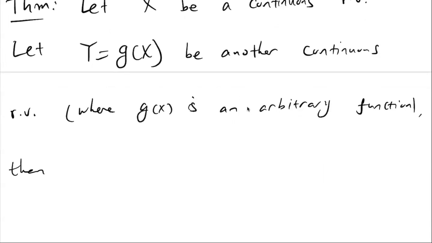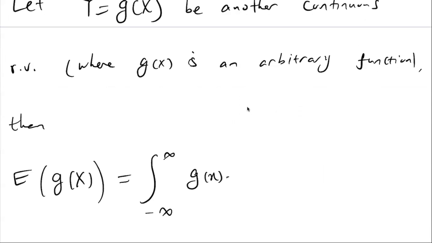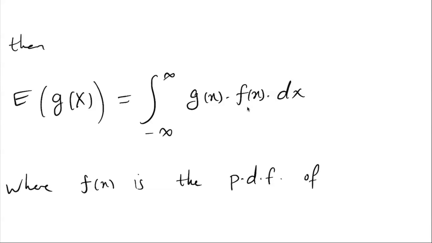Then we can say that the expected value of g of X is equal to the integral from minus infinity to infinity of g of X times f of X dx. But again, small f of X is the PDF of random variable X.